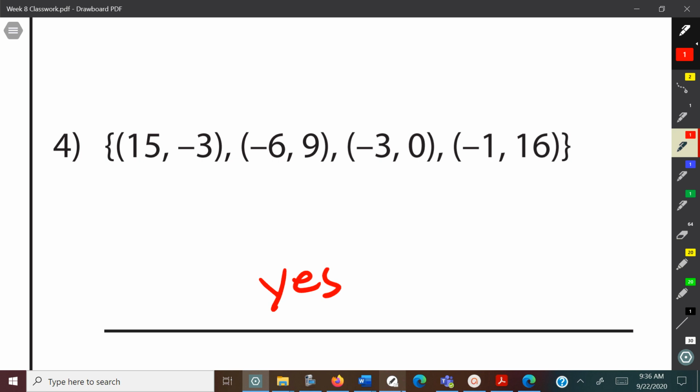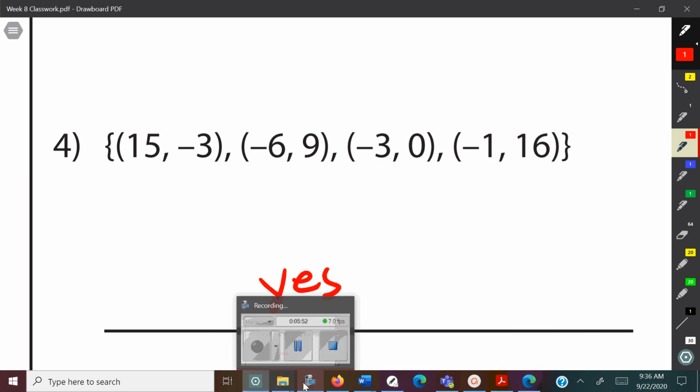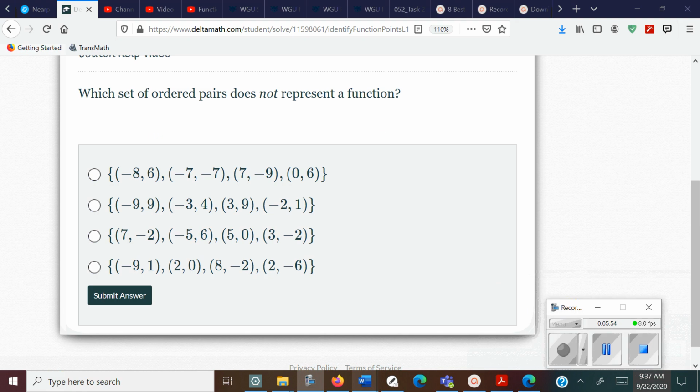Okay, now I'm going to take a look at some multiple choice options and show you how to answer the multiple choice question with determining if a set of ordered pairs is a function. On this one here, it says which set of ordered pairs does not represent a function.